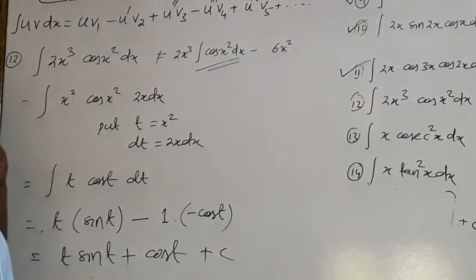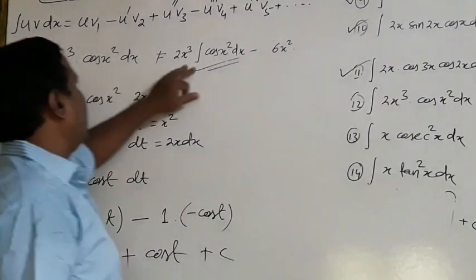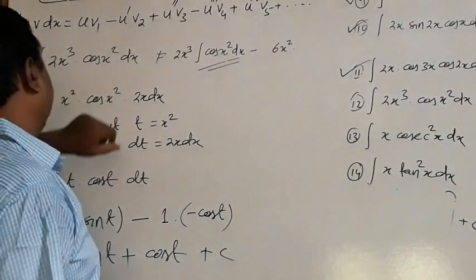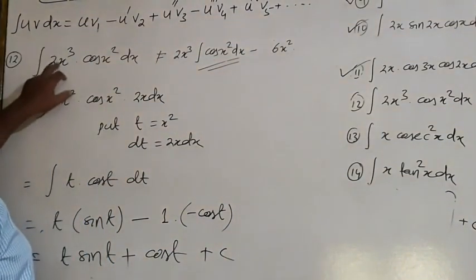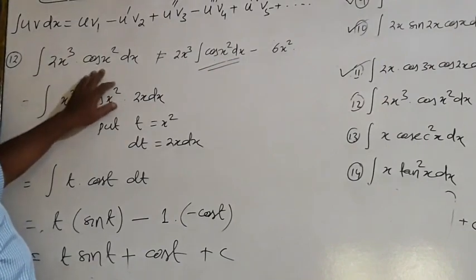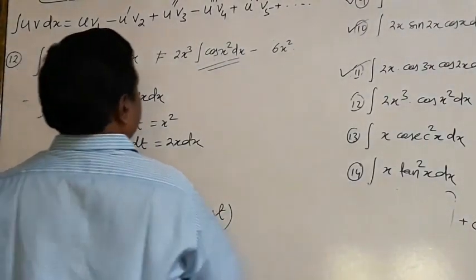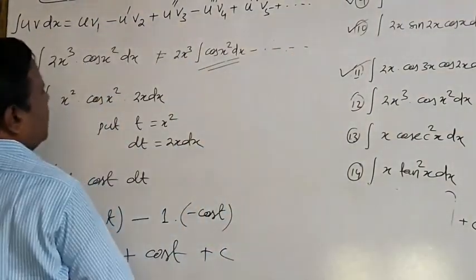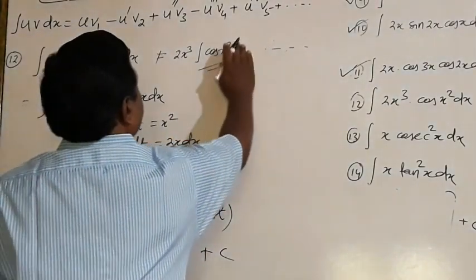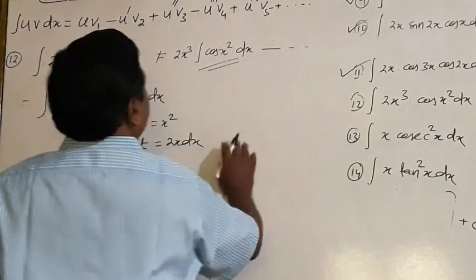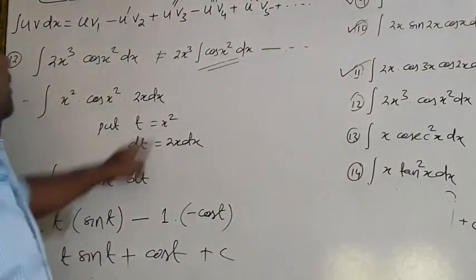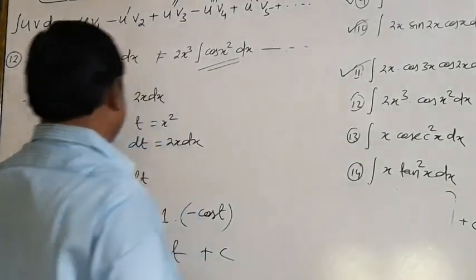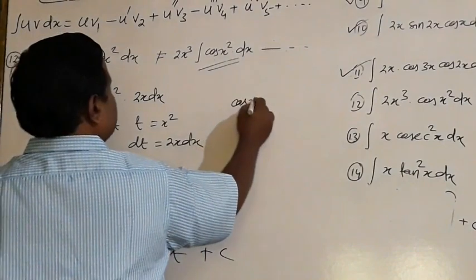Some students ask me, sir, why will I not do this by using this formula? Look at me. If we apply this formula, it becomes 2x cubed, integration of cos x squared. I am taking this part only. You know it is 2x cubed, but it is the integration of cos x squared dx. Can you tell me what is the integration of cos x squared?